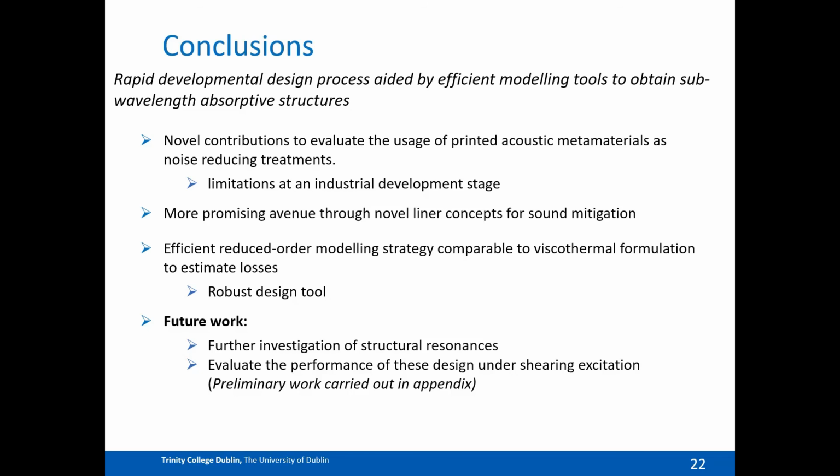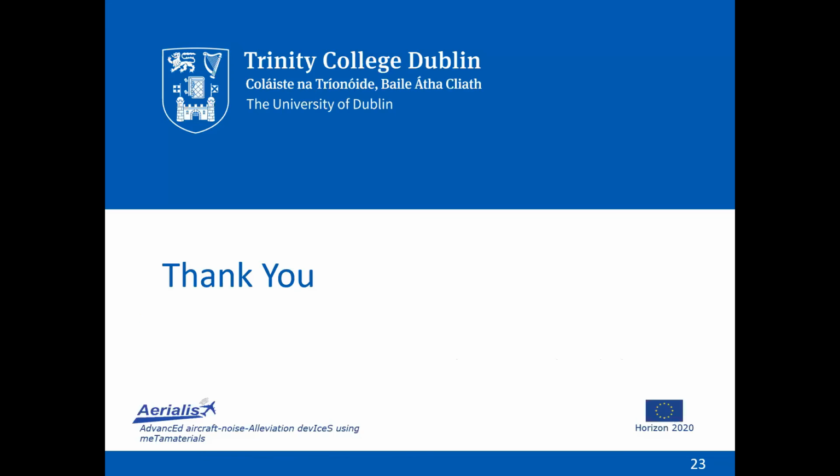And you have a good route between just using a transfer matrix approach with a unit cell modeling, and it's quite good from a design aspect. Then some additional work which was carried out in a preliminary stage, just under shearing flow.